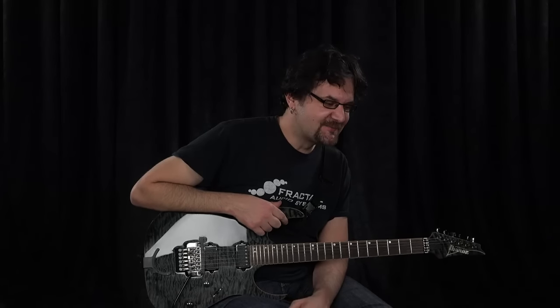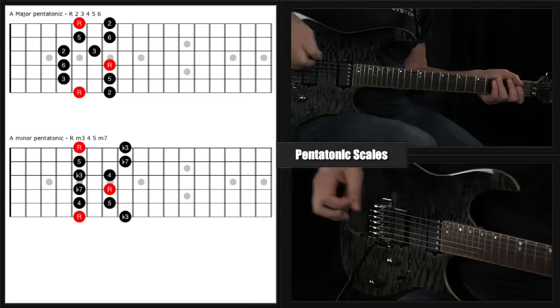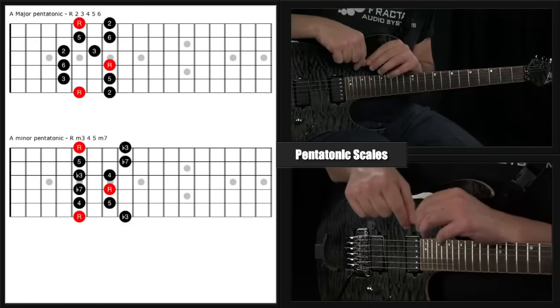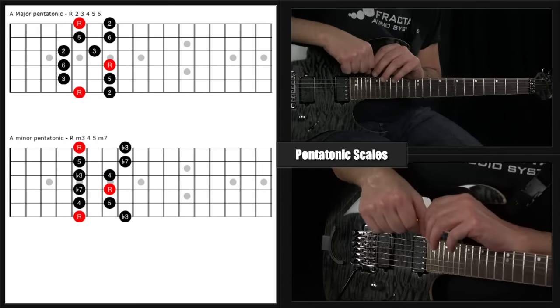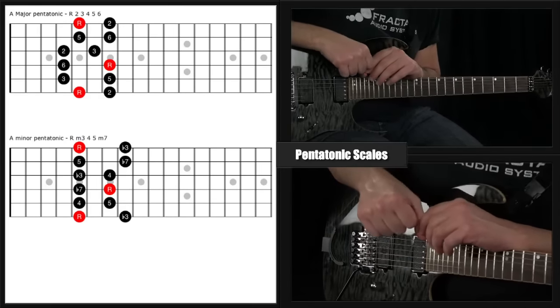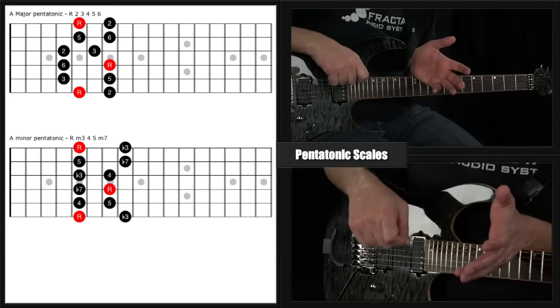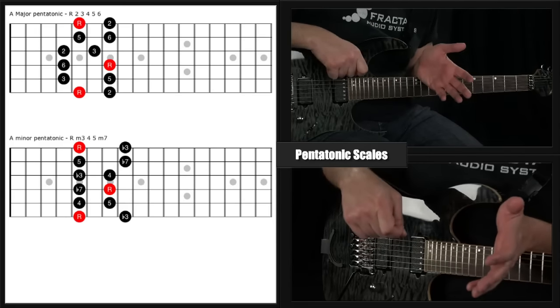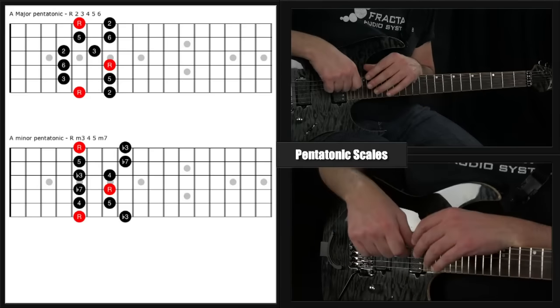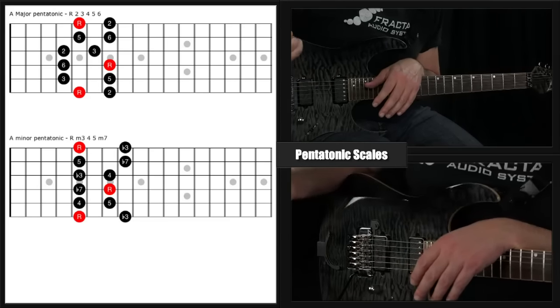Okay, let's go back now to our diagrams, pentatonic scales. We're actually going to start with the second one, the minor pentatonic scale, because I think if you had to know one, that's the most useful one, because a lot of songs are minor songs that you're going to play with.